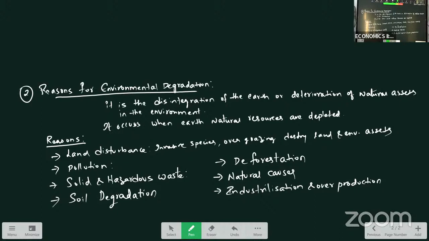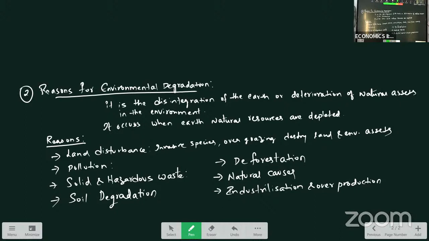But the raw materials and other natural resources are exploited, meaning they are overutilized. In order to increase our productive capacity, as we are introducing new technology, we are overutilizing our raw materials and natural resources, where regeneration is not possible.